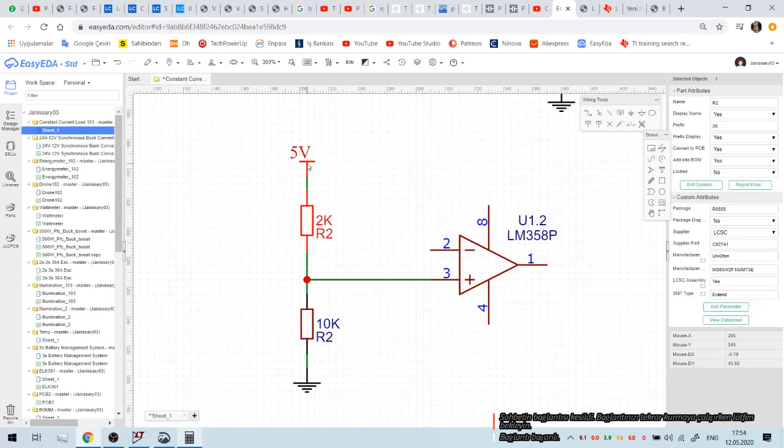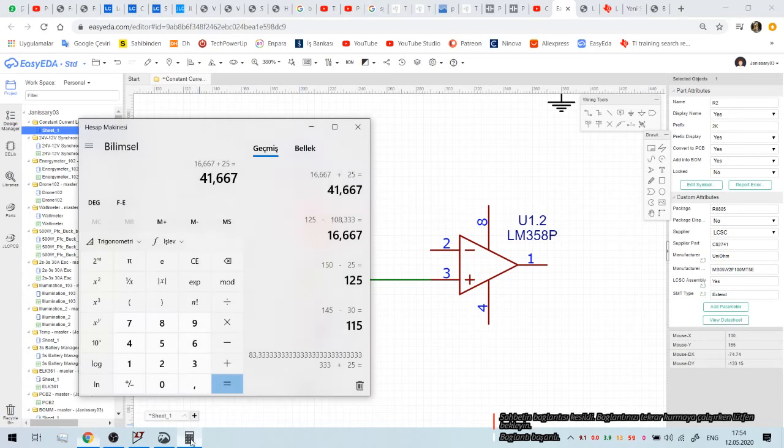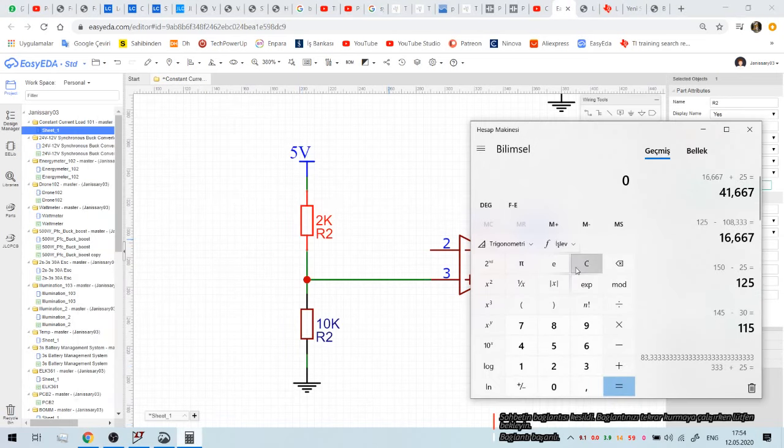So calculate it quick. 0.4 divided by 0.4 times 10K gives us 115K resistors to here.